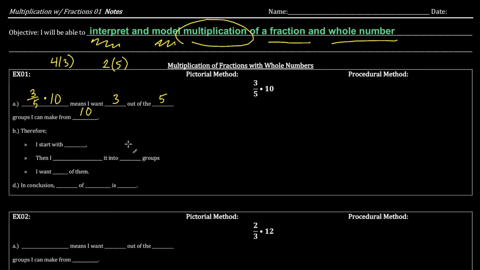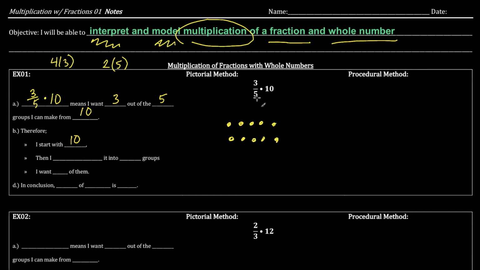If I want 3 out of the 5 groups of 10, I need to start with 10. So I'm going to start with 10: 1, 2, 3, 4, 5, 6, 7, 8, 9, 10.